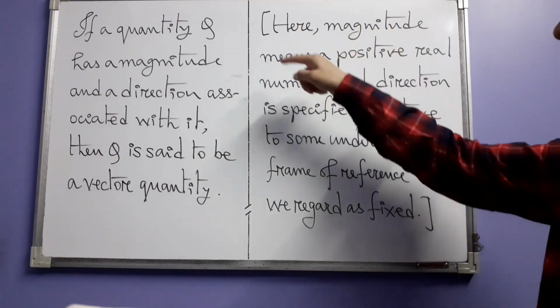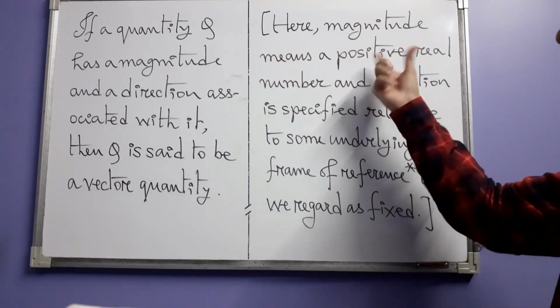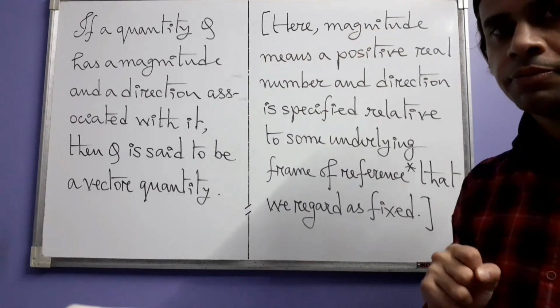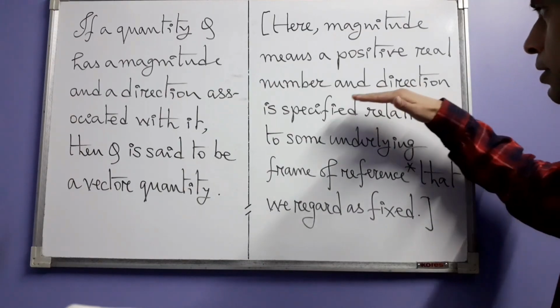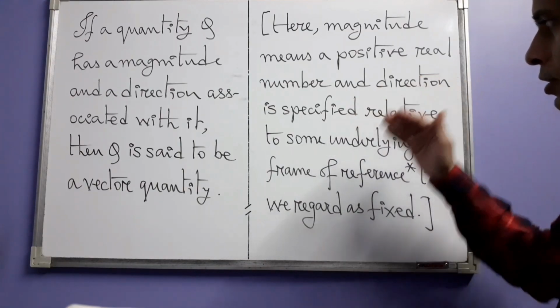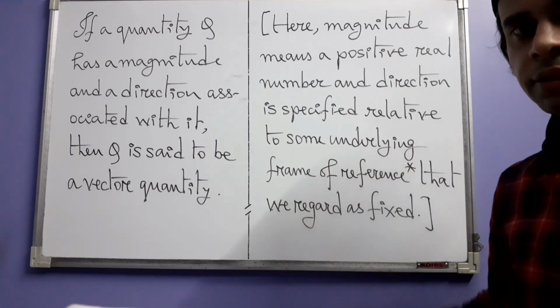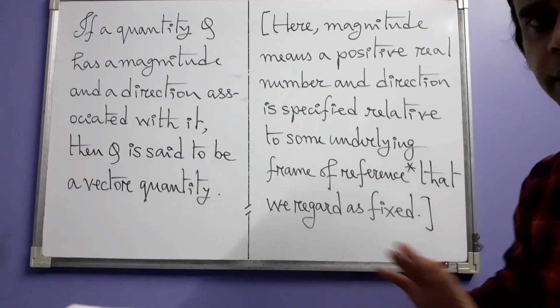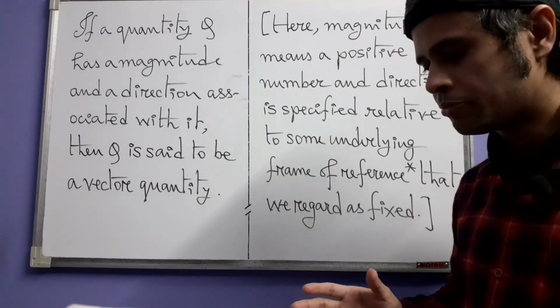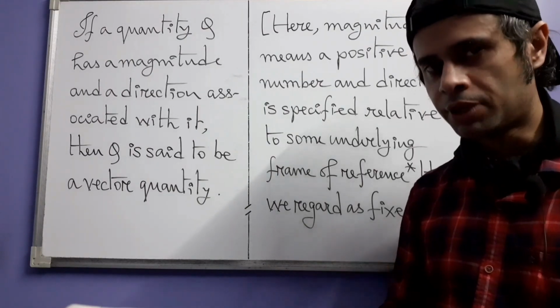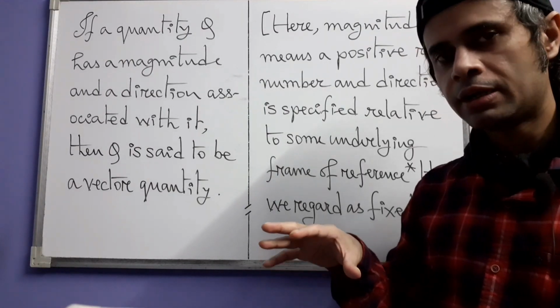Here, magnitude means a positive real number. That is one thing. And direction is specified relative to some underlying frame of reference that we regard as fixed. So there is something called a frame of reference which we regard as given.